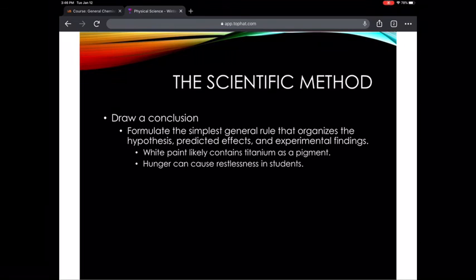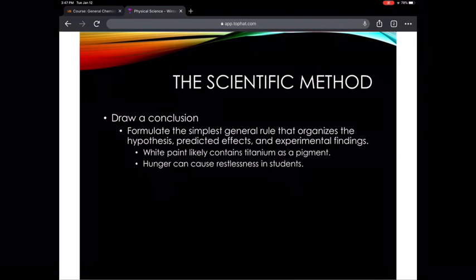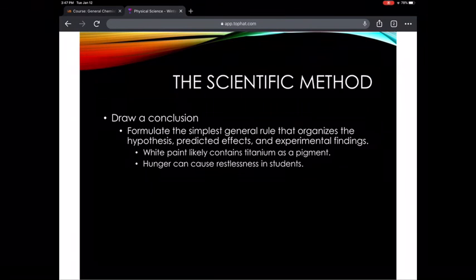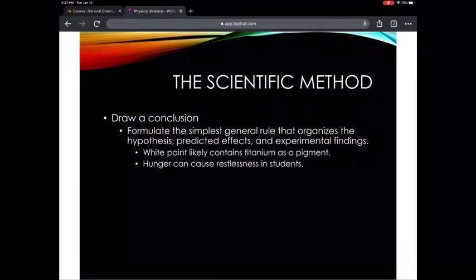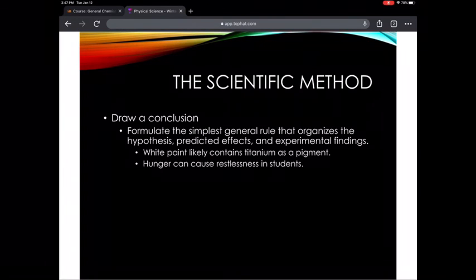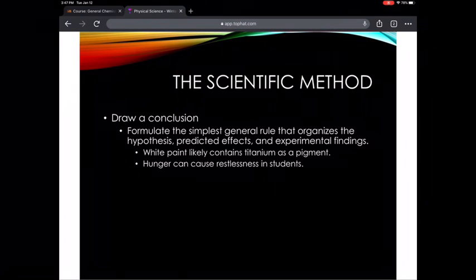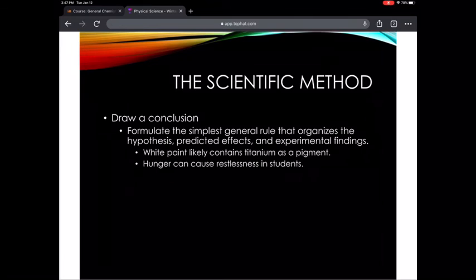So when we tested it, what actually happened. Some conclusions from the hypotheses we made: we could say that white paint likely contains titanium as a pigment. Another conclusion could be that hunger can cause restlessness in students. Probably the second one is a little more familiar to you, but both are still valid conclusions.